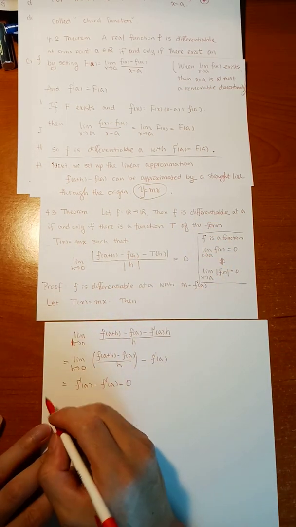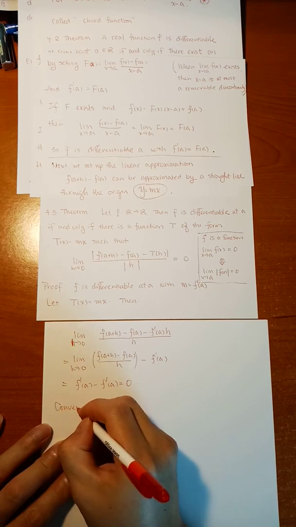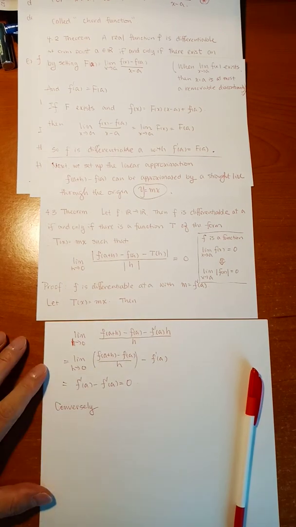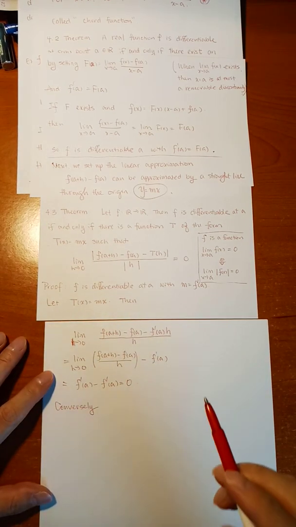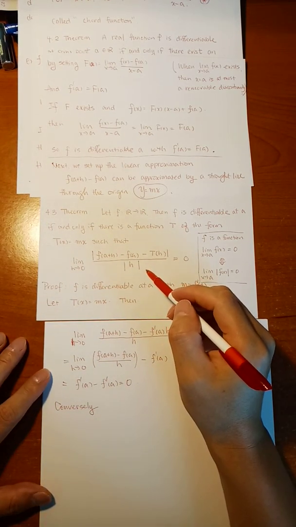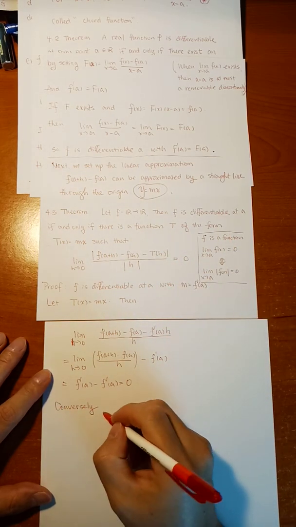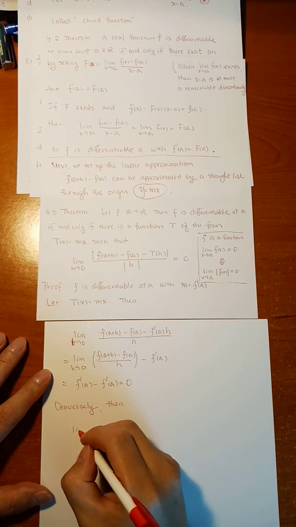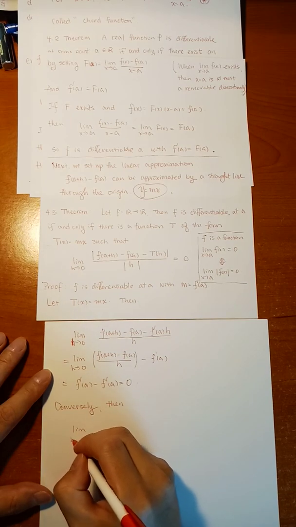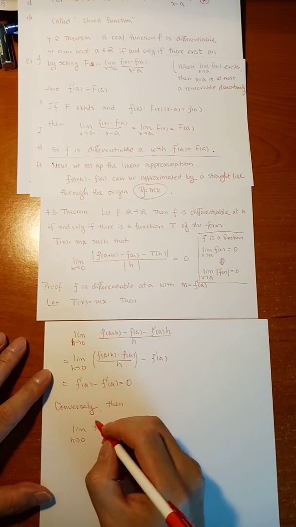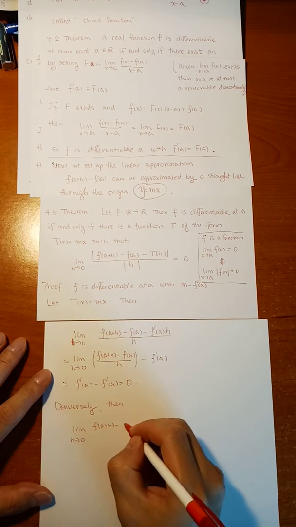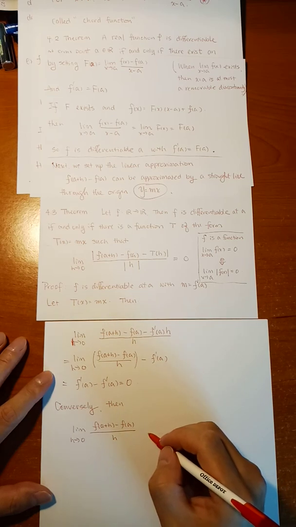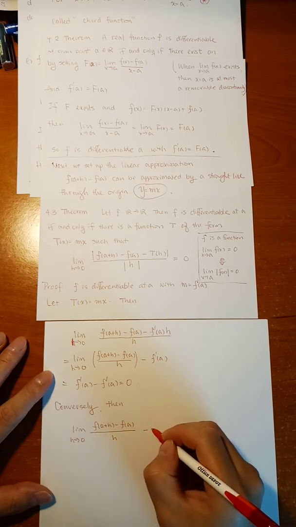On the other hand, conversely, assume we have this. Then we're going to compute the limit as h approaches 0 of (f of a plus h minus f of a) over h, and then we subtract m.